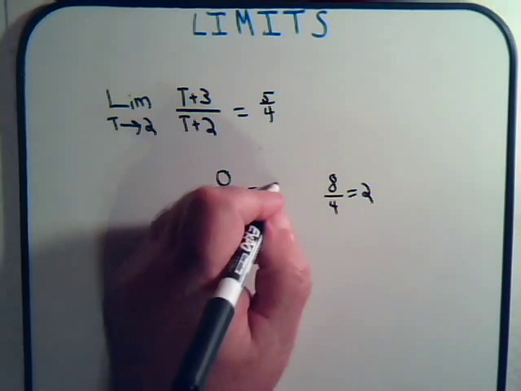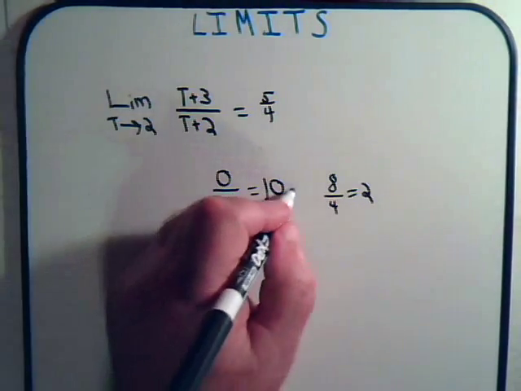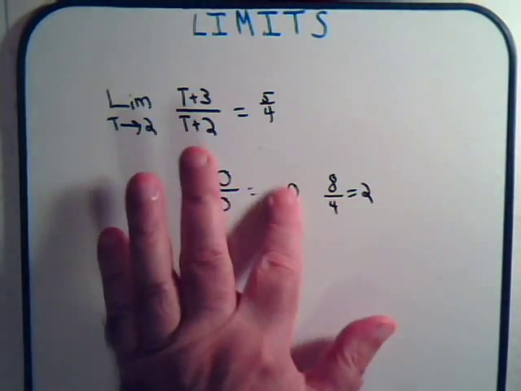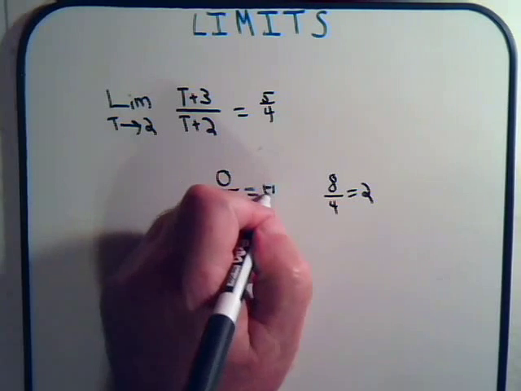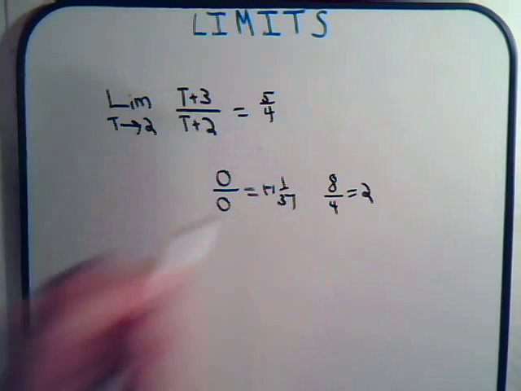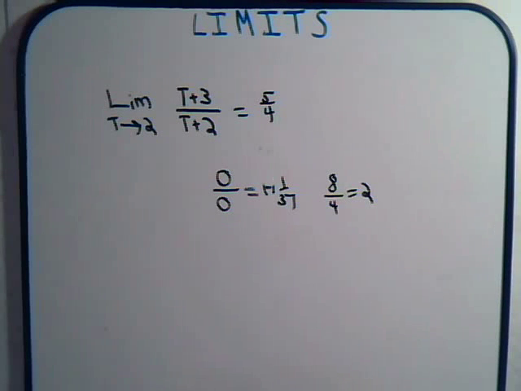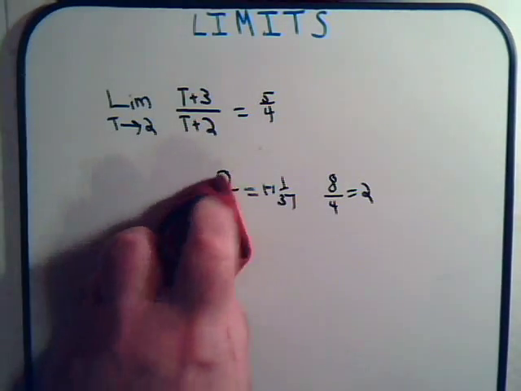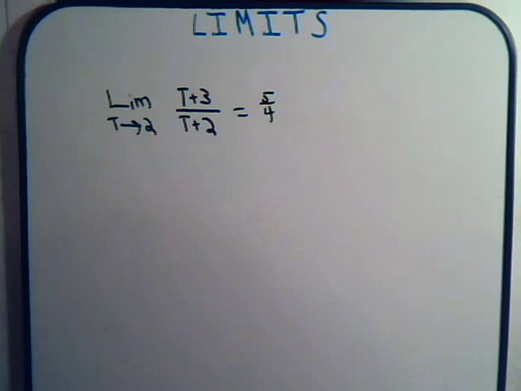Well, this could be 0, or it could be 10, or it could be 100, or it could be negative 1 over 37. So when we encounter 0 over 0, that simply means it's indeterminate, and it is not a satisfactory answer.